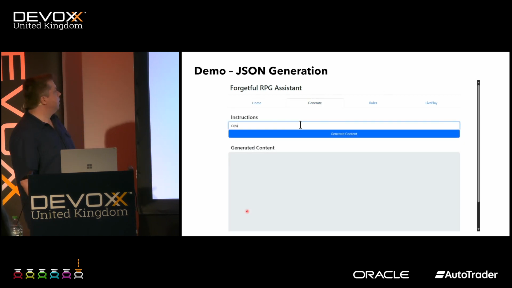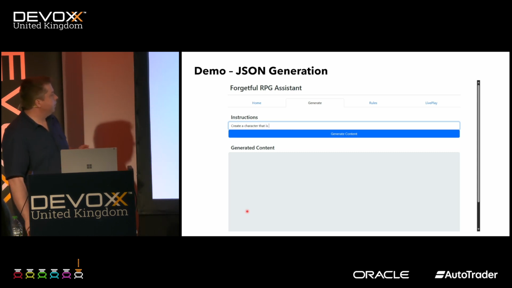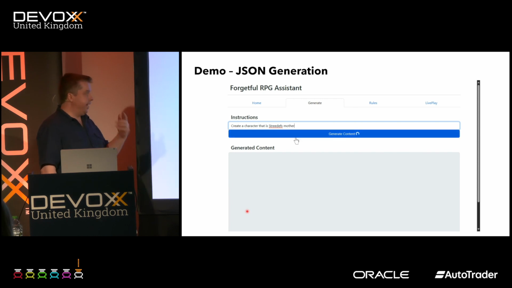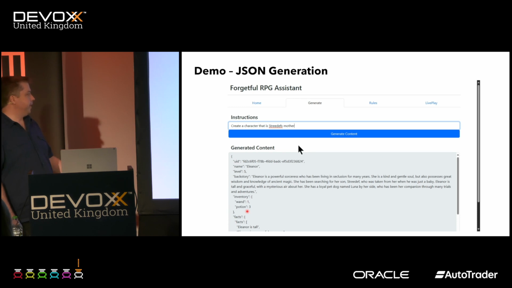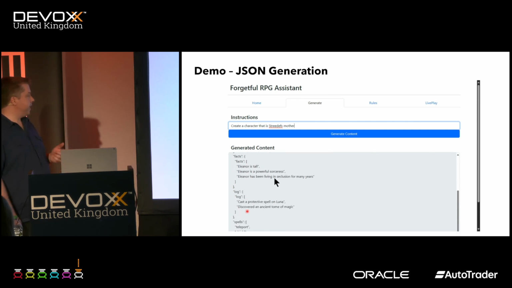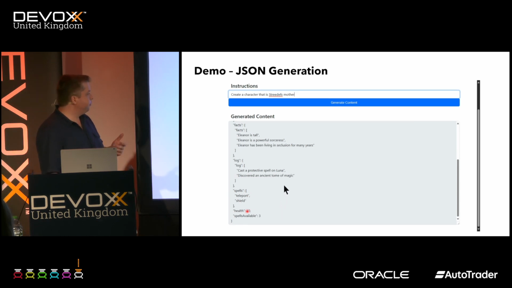So here we ask it to create a character, and we tell it what our models look like, and it will generate it in JSON and bring us back a full JSON object that defines a whole new character, so we can parse that in a serialization framework and bring it back into our application.